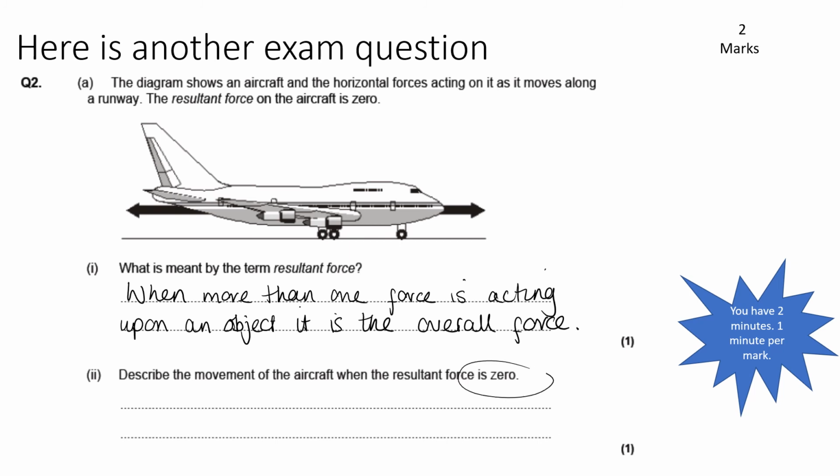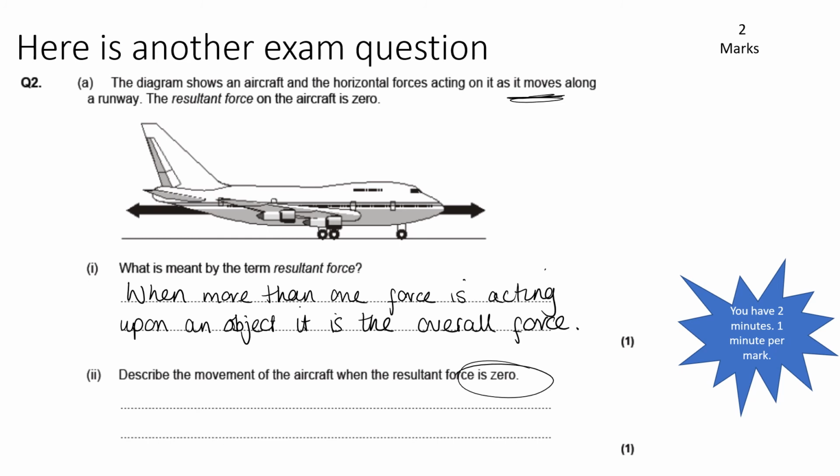When the resultant force is 0, remember, the object either stays stationary, still, or continues to move at a constant speed, so the same speed. In this case, the aircraft is moving along the runway.